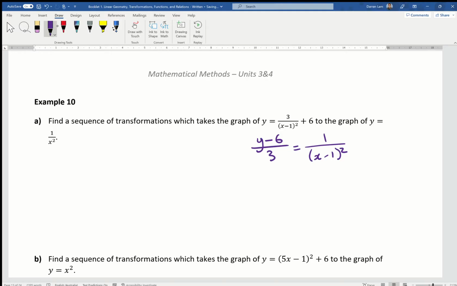I know that y dash, because in this case, I do need to specify this, the equation that we're transforming into, or the image, is the basic y equals to 1 over x squared. So now, it becomes, I'm going to write it over here actually, y minus 6 over 3 equals to y dash.